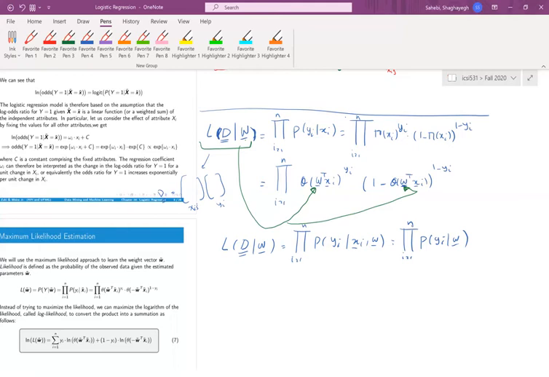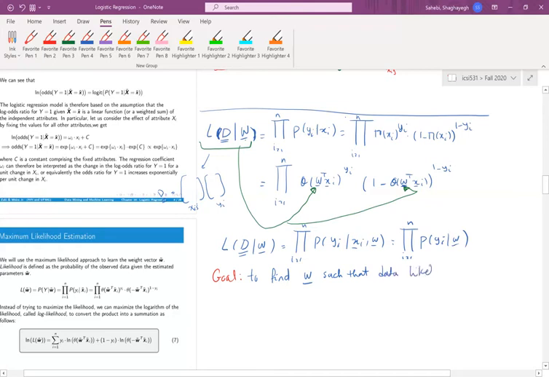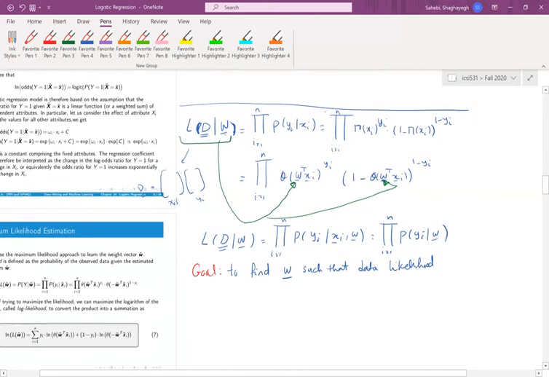So basically our goal here is to find the parameters W such that the data likelihood, the likelihood of the data sets that I have observed, is maximized.